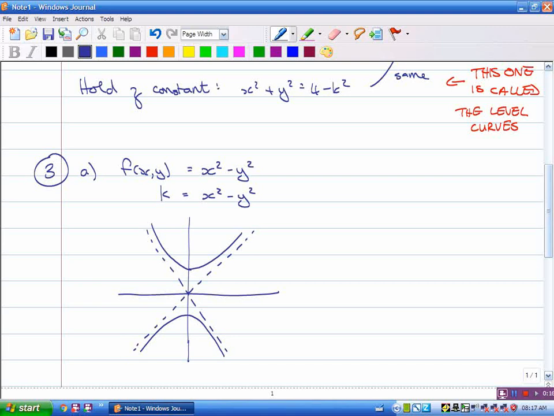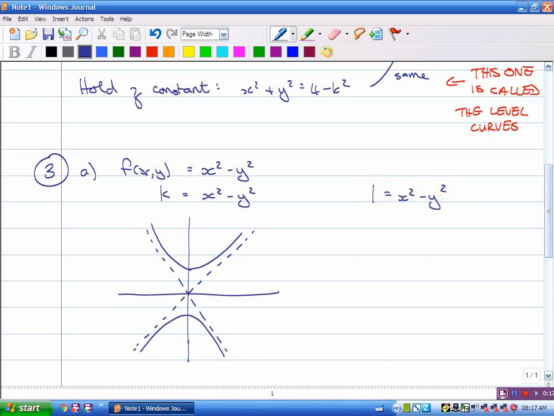Now, I can remember in last semester's class, some of the students had these funny, weird ways of remembering. I just look at that formula and go, well, let's look at the simple case for k equals 1.